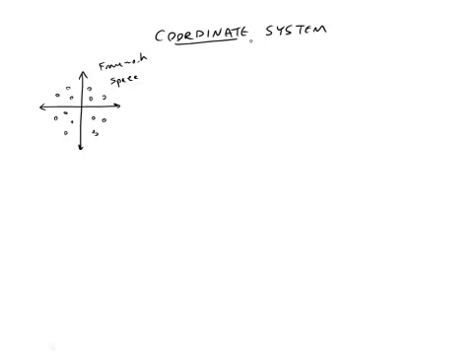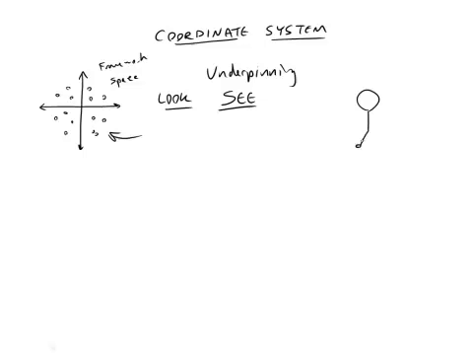A coordinate system is the underpinning of anything that we have the ability to look at or see. We actually see the world according to coordinate systems. Now, we don't think about it because normally we walk happily through the world, and our eyes are constantly recognizing this way's up, that way's down, this way's forward, that way's backward, this way is left, this way is right.